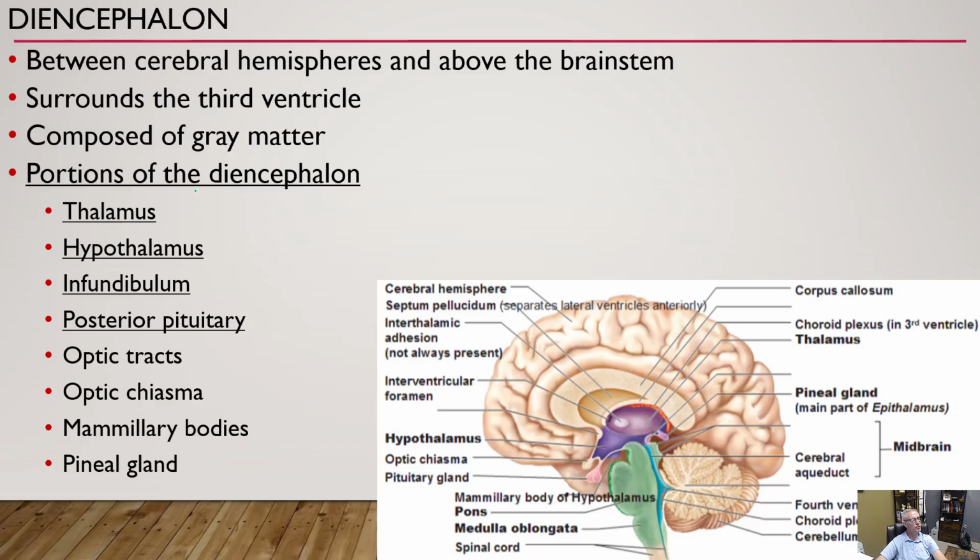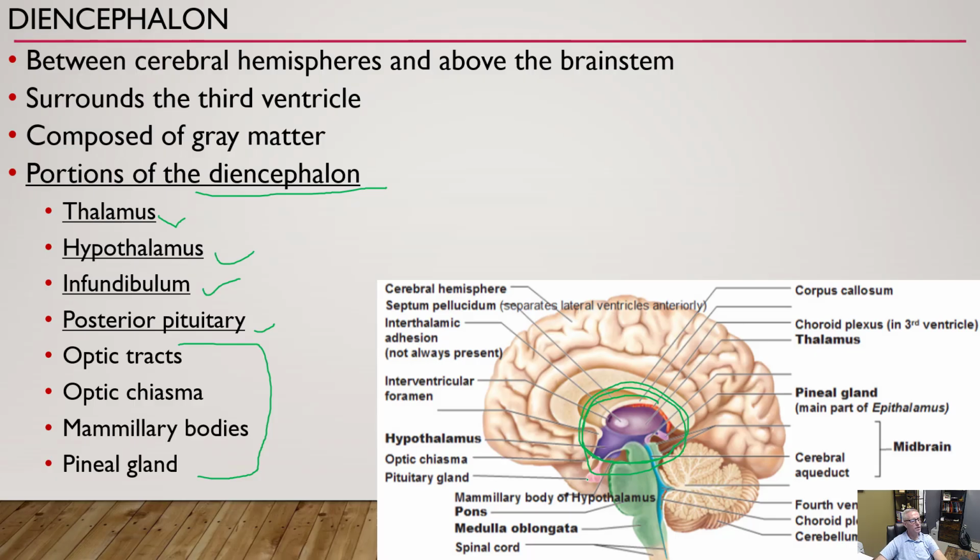There's several different structures of that diencephalon: the thalamus, the hypothalamus, the infundibulum, pituitary gland, your optic tracts, the chiasma, these mammillary bodies, pineal gland. So a lot of these structures right here are the diencephalon.